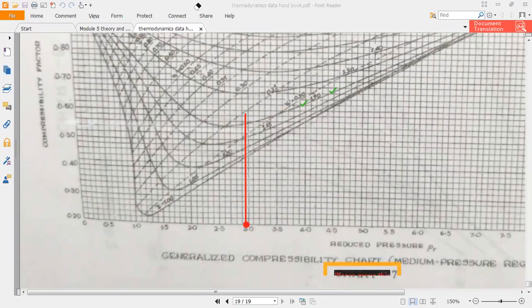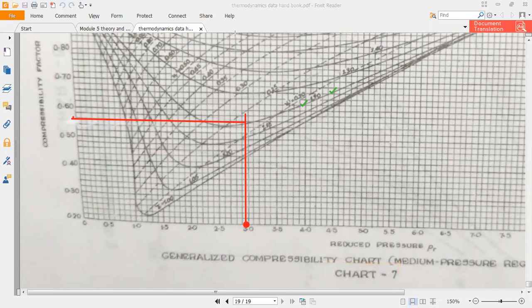Now from this point, draw the line and fall on the Z value. Now, sorry, somewhere it comes here.